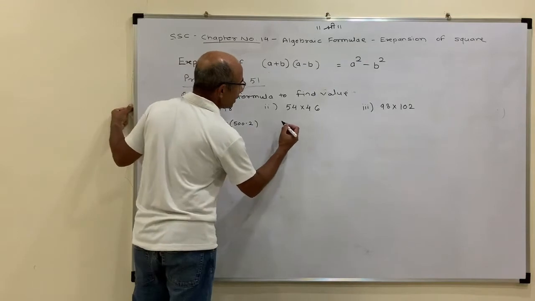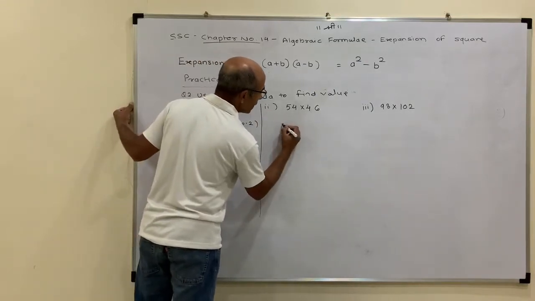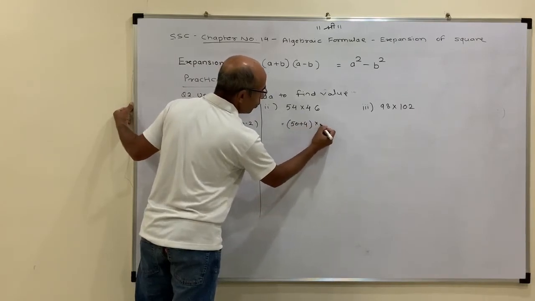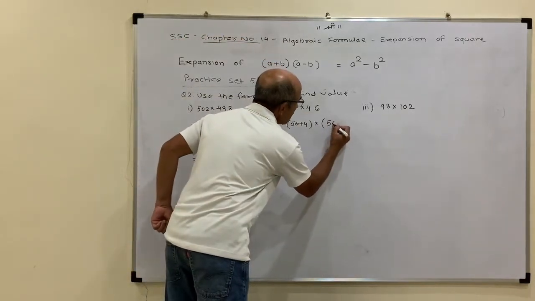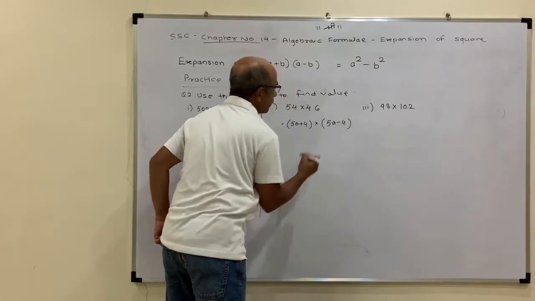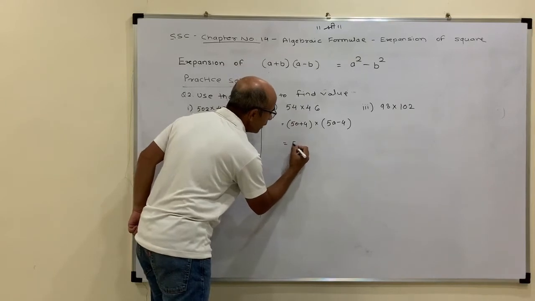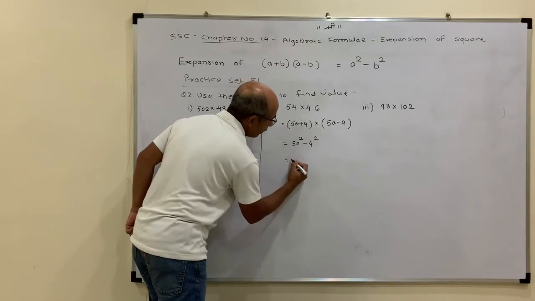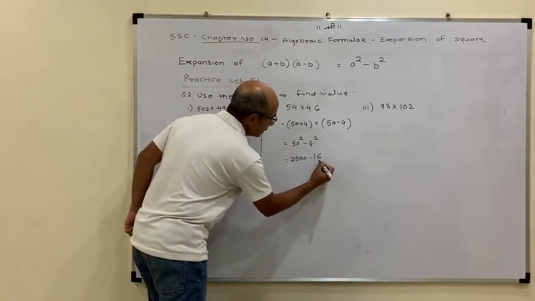In a similar manner, 54 for the second one. 54 I will rewrite as 50 plus 4, into 46, which I rewrite as 50 minus 4. So now my answer according to the formula will be 50 square minus 4 square. 50 square is 2500, minus 4 square which is 16.